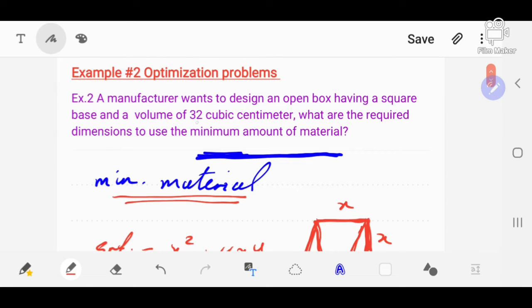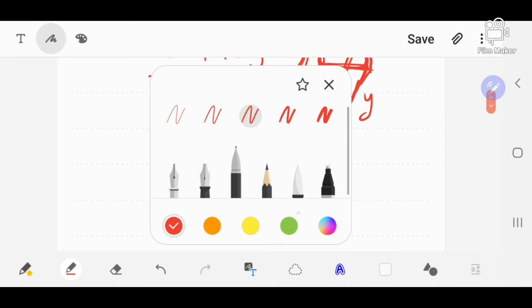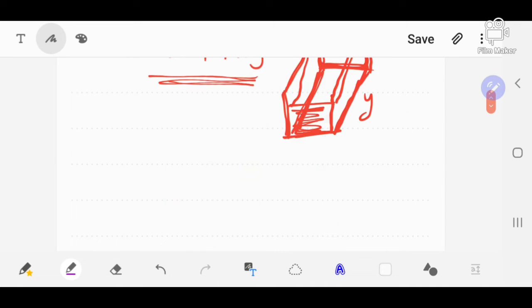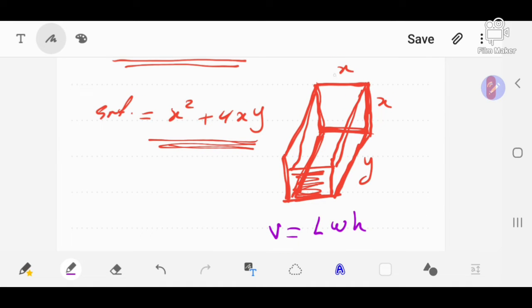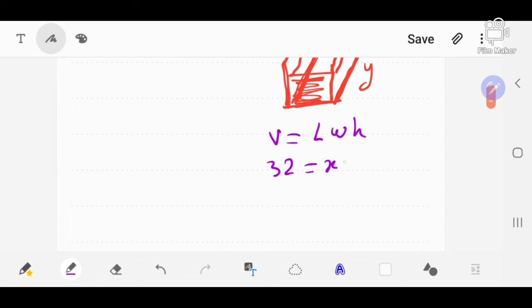Here it says a volume of 32 cubic centimeters, so the volume is known, which means I can use the volume as a secondary equation. The volume is equal to length by width by height. So volume, which is 32, is equal to x by x, that's x squared, by the height, which is y, so it's x squared y.